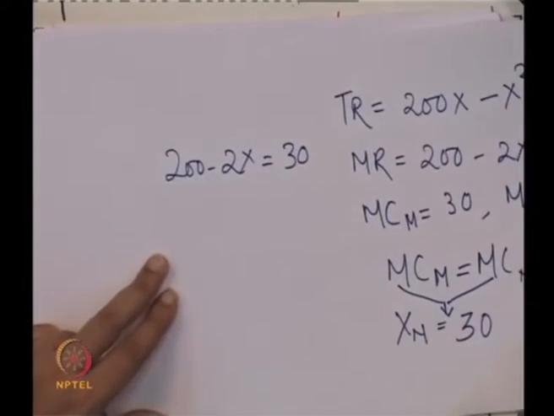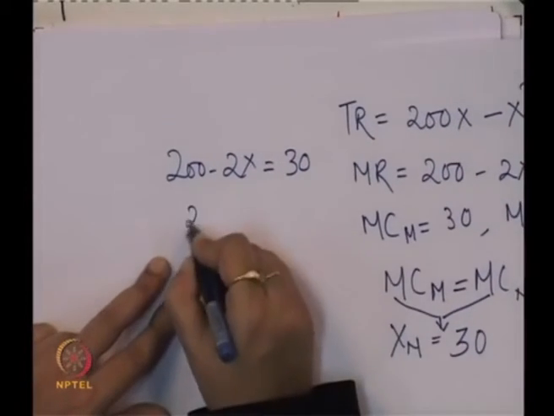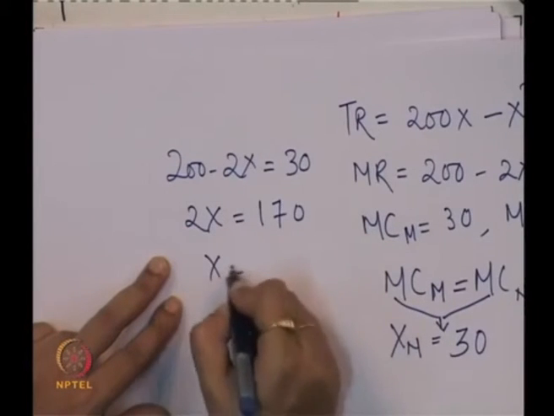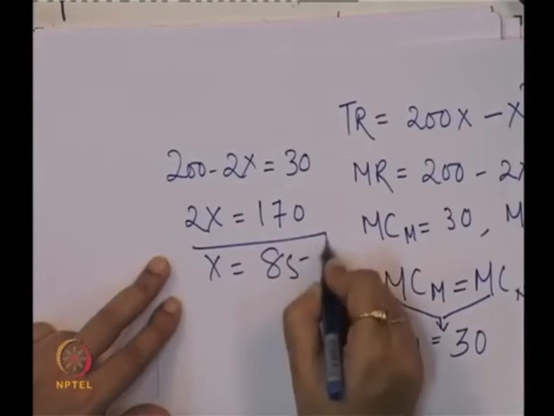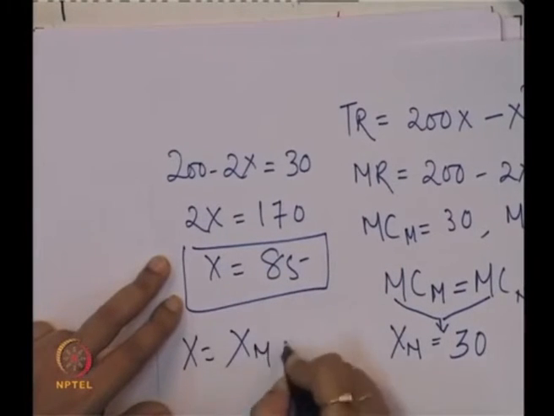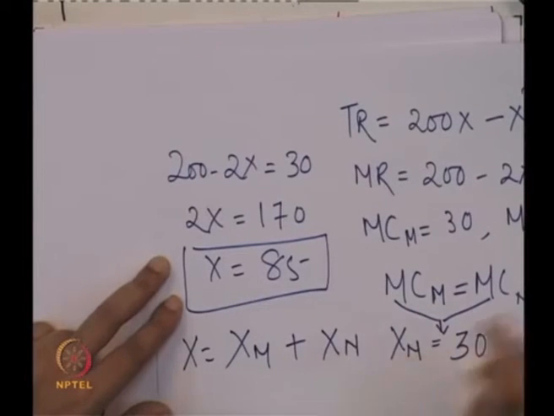So 2x is equal to 170, and x is equal to 85. x is always the summation of xM plus xN.